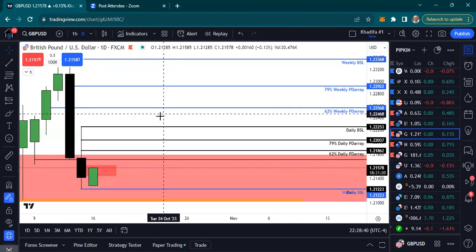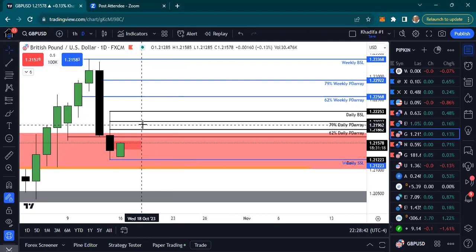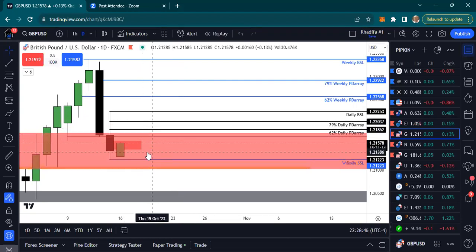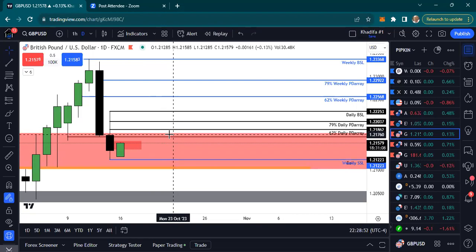And then once we get back below these PD array levels, right? After that reaction to the downside, once we get back below them, I would expect price to come back up and not break above the consequent encroachment. Use this as an inversion consequent encroachment, right?